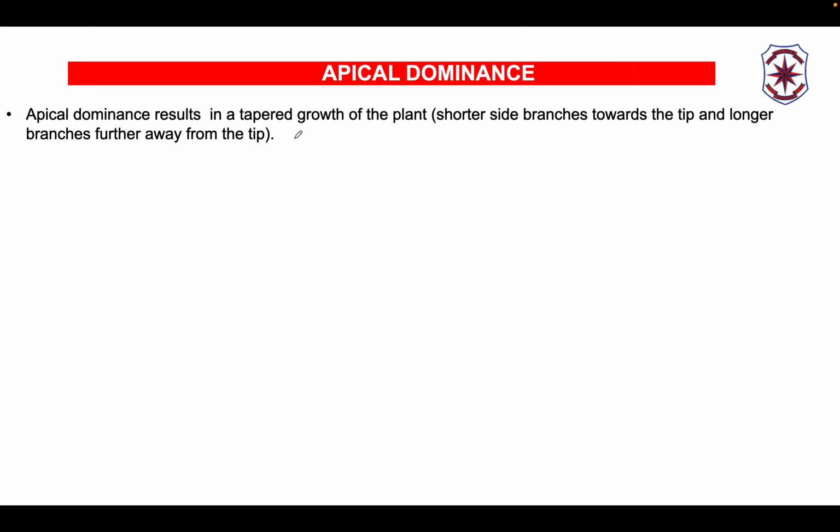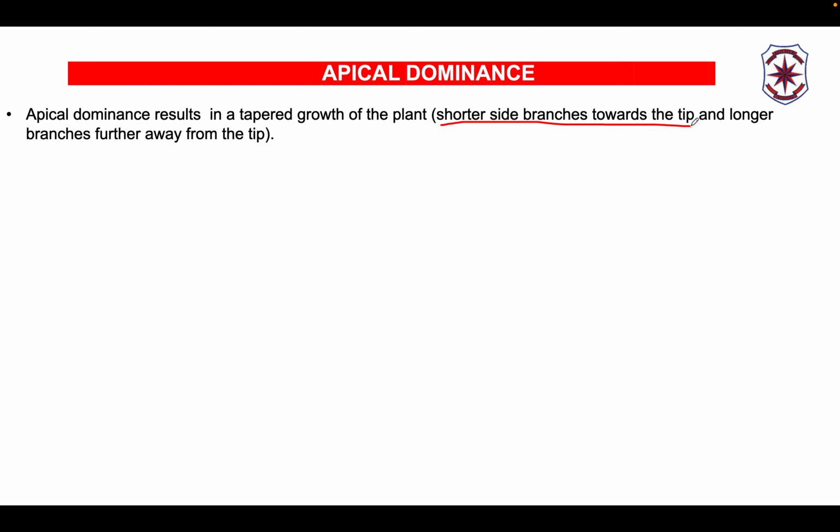All right. So, just a few points to make here. Apical dominance results in a tapered growth. This means that we have shorter side branches towards the tip. Why do we have shorter side branches towards the tip?